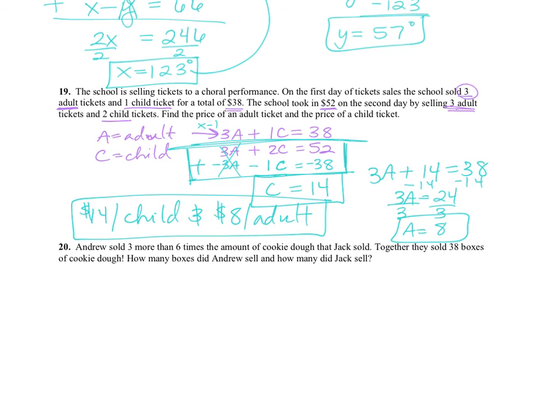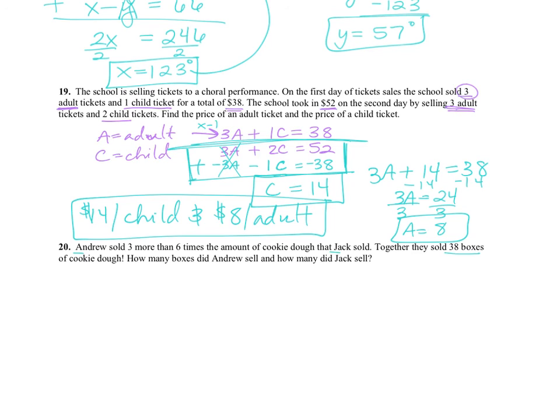Okay, and then last one, it says Andrew sold 3 more than 6 times the amount of cookie dough that Jack sold. This is Mrs. Price's children. Together, they sold 38 boxes of cookie dough. How many boxes did Andrew sell and how many did Jack sell? So A is going to be Andrew, J is going to be Jack. Okay.